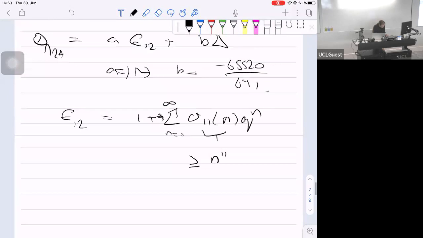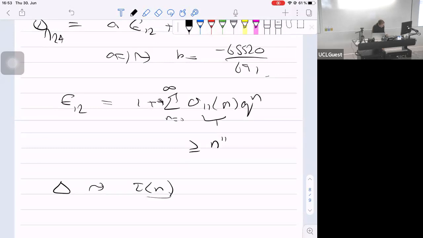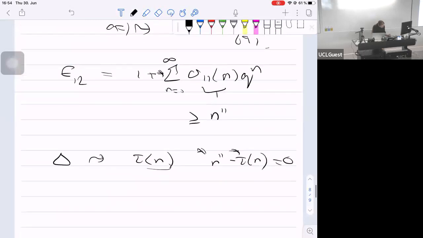We just need to show that the coefficient you get from the delta function, which was this Ramanujan tau function, is not so big as to make n to the 11 minus whatever the appropriate multiples are equal to 0. The idea for this is to use the bound we proved from the first exercise sheet on the growth of the coefficients of a cusp form.